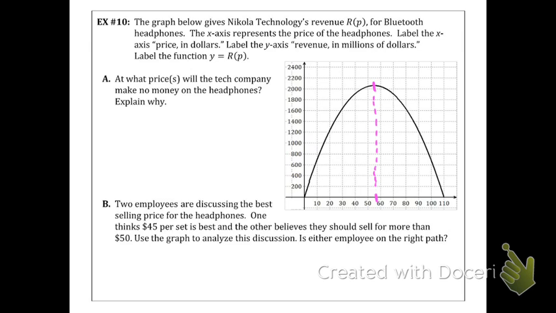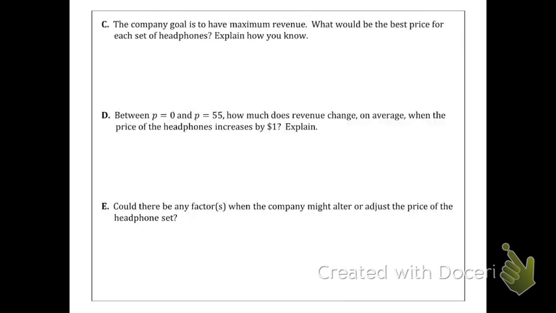So let me go back to that other slide. All right, so $55. Because it maximizes the revenue. Because it's that maximum Y value, and Y is the revenue, so it maximizes the revenue.